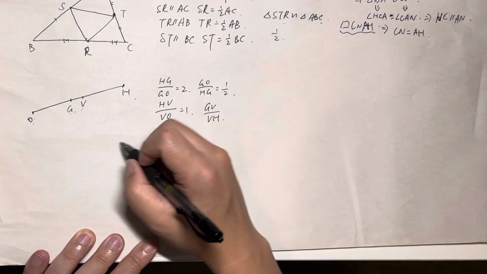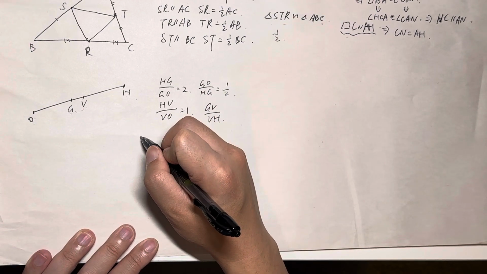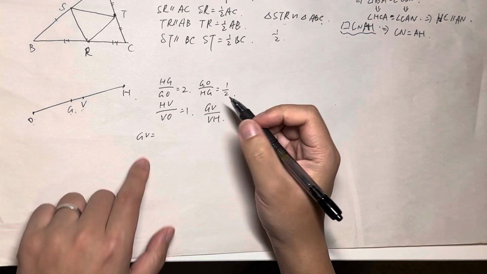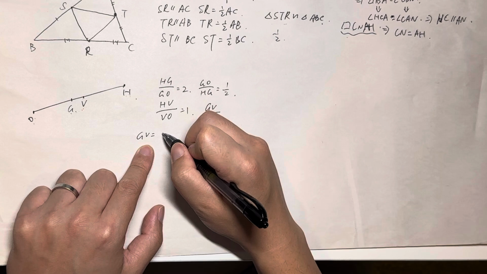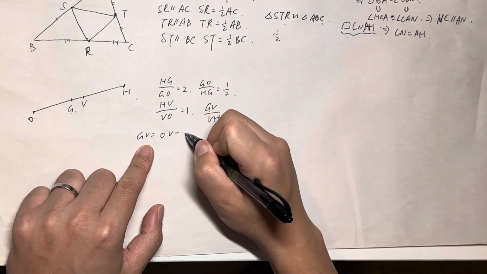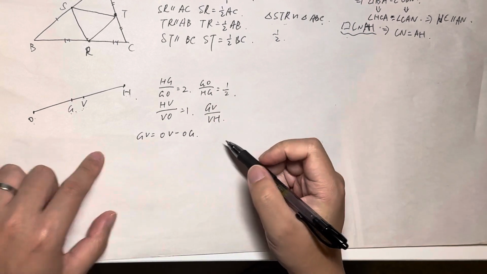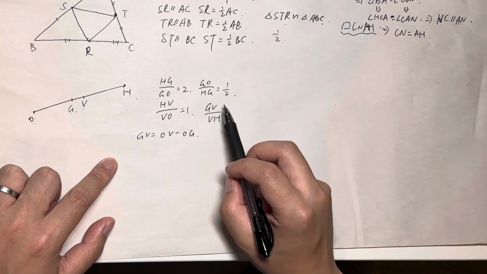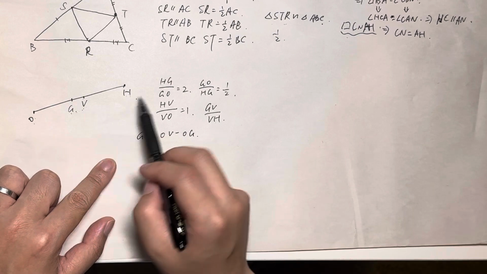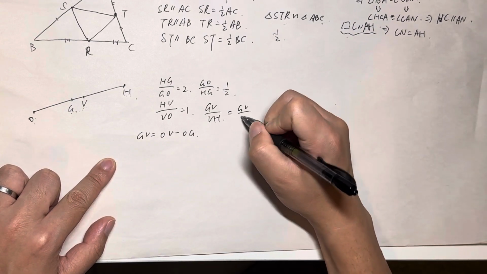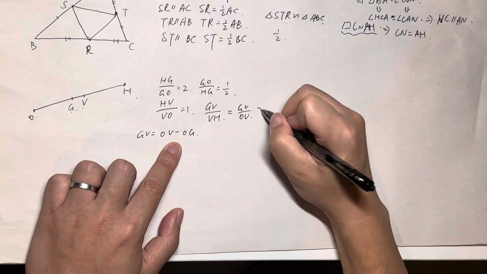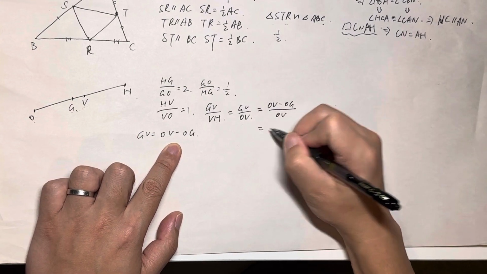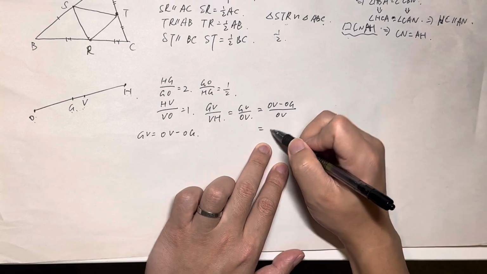So let's do this. GV equals OV minus OG, right? And we want to find GV to VH equals GV to OV equals OV minus OG to OV, equals OV to OV, that's 1, right?